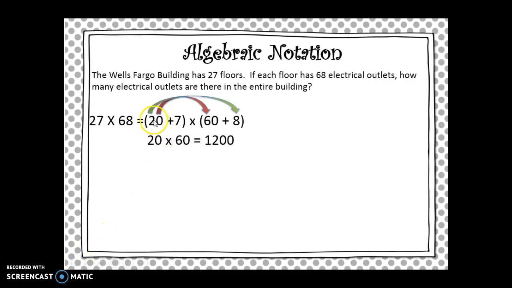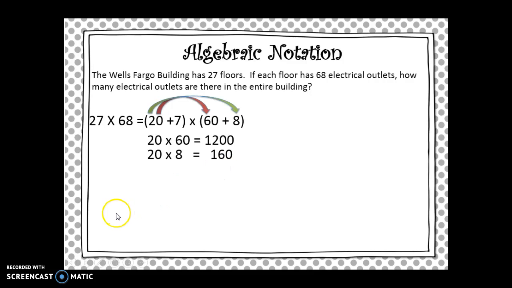Now, the next step is to take that 20 and multiply it times that other expanded form of the 68. So I did 20 times 60. Now I'm going to multiply 20 times 8. And you'll see that I've written it right underneath. 20 times 8 is equal to 160.